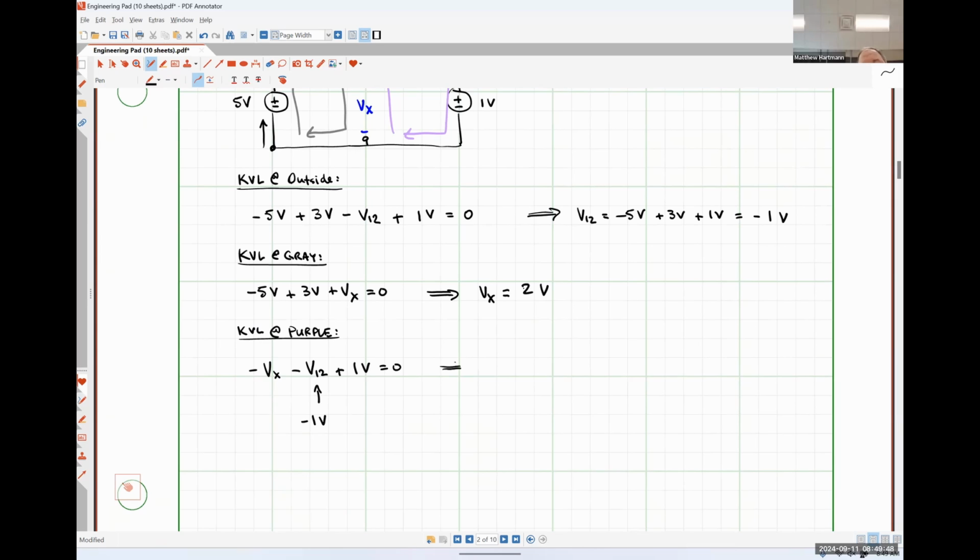So that's going to give us negative Vx minus negative 1 volt plus 1 volt is equal to 0. And solving this, we would get Vx is equal to 2 volts. So it literally doesn't matter which of those two paths we use, we're going to get the same result for Vx.